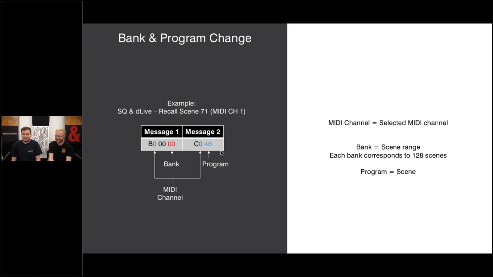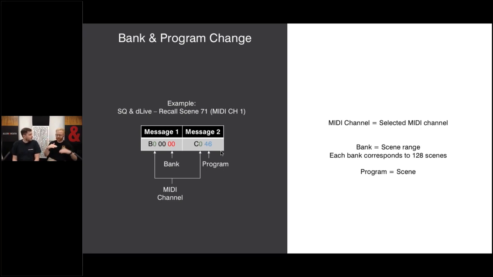If you need to access the next 128 scenes, you need to move up to the next bank, and then you start from 0. So again, it's just counting really: it goes up to 128, change bank, go up to 128. Exactly, yeah. So for SQ, you've got 3 banks because you've got 300 scenes. So to cover all of those scenes, you need access to 3 banks. Exactly, yeah.